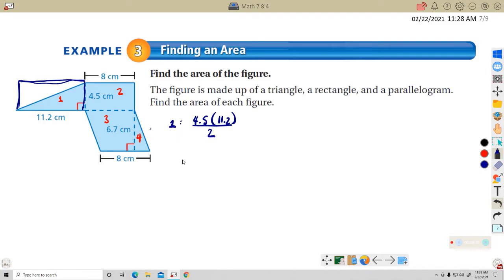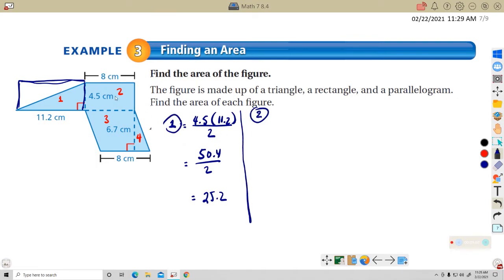So 4.5 times 11.2 is 50.4, divided by 2 equals 25.2. That's region 1.